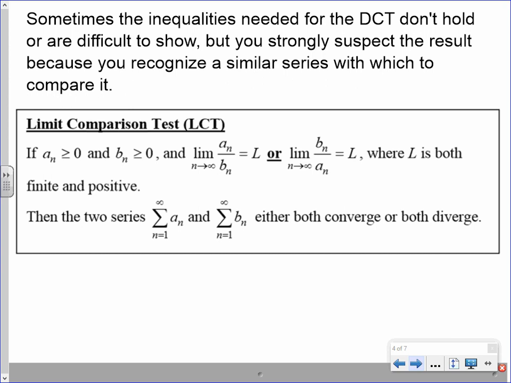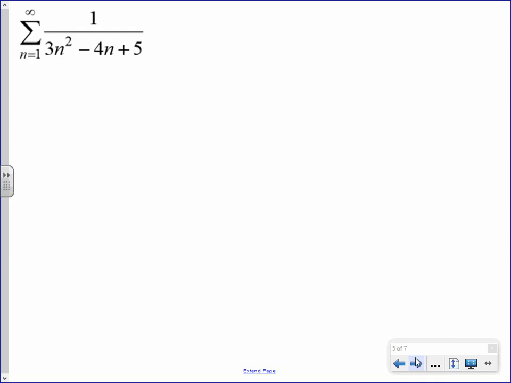Or if you're comparing it to 1 over n, a divergent p-series, and you take the limit of the ratio and get a finite number, then the series in question will also diverge. Okay? So there's no figuring out if one's bigger or one's smaller. Your work comes in finding a limit. So go ahead and write this one down.